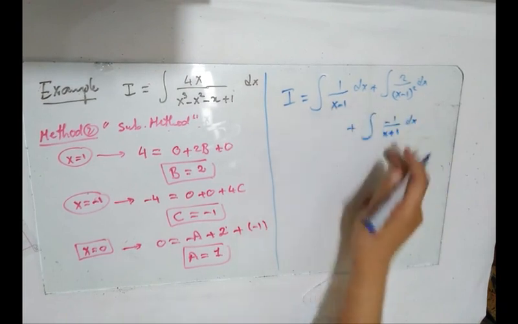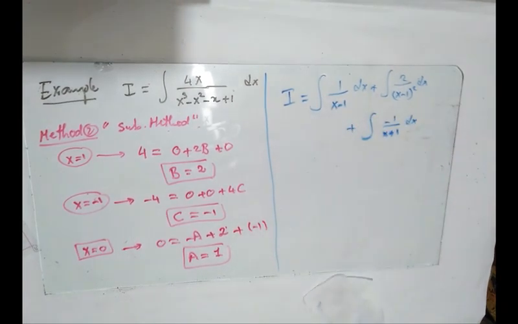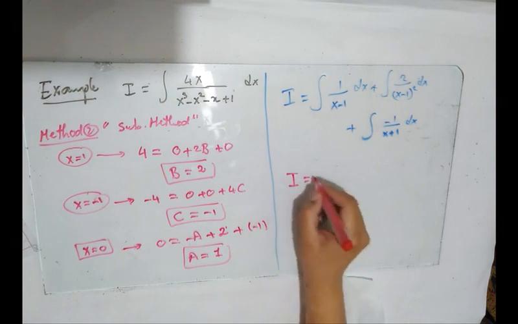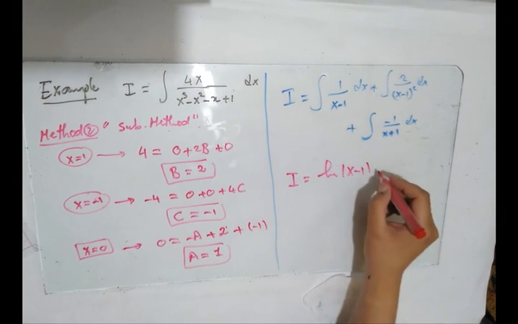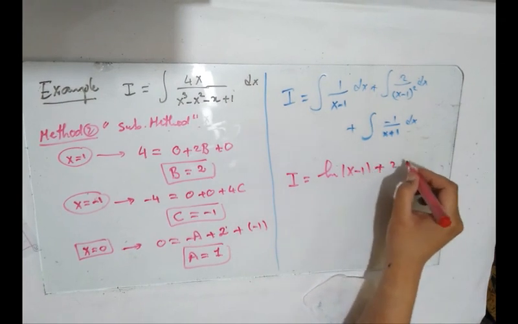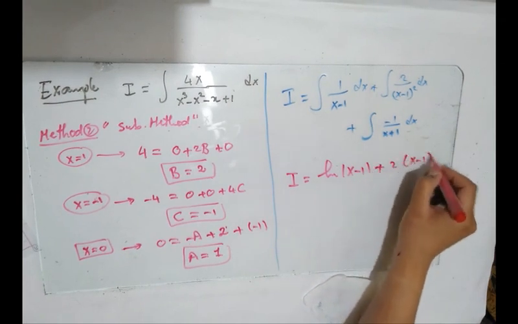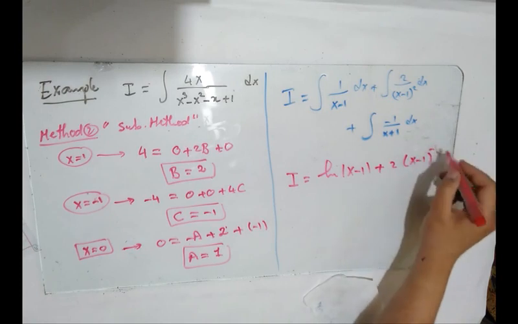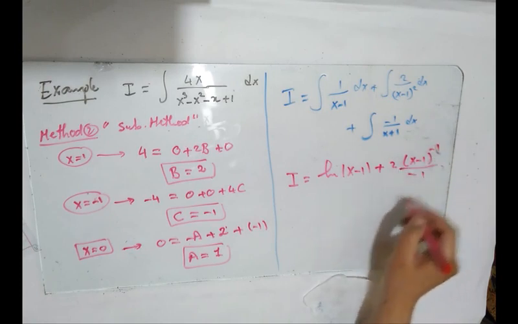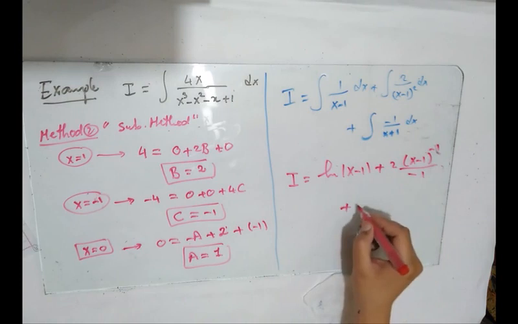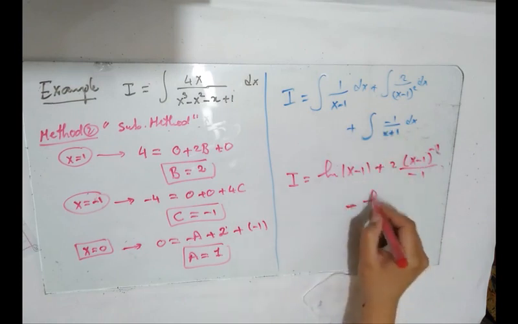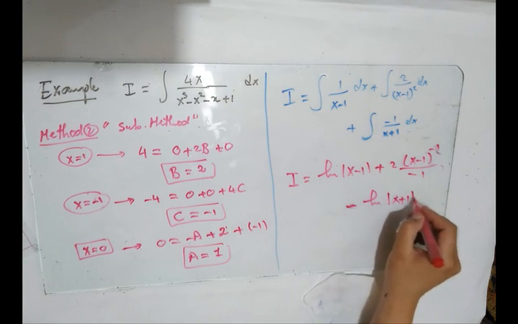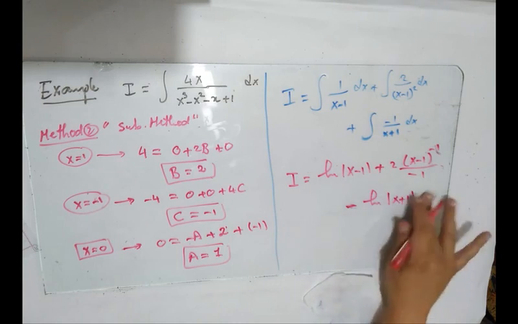The first one and the third one are very easy to integrate, and the second one also actually. So I will be the absolute value of x minus 1, plus 2 times (x minus 1) to the power negative 1 over negative 1, minus, we can take this negative outside, the absolute value of x plus 1, plus a constant.